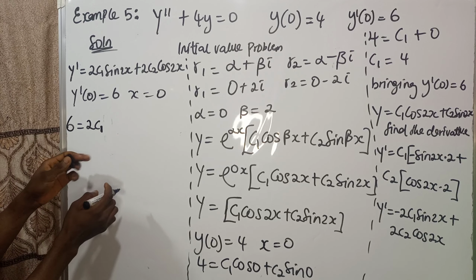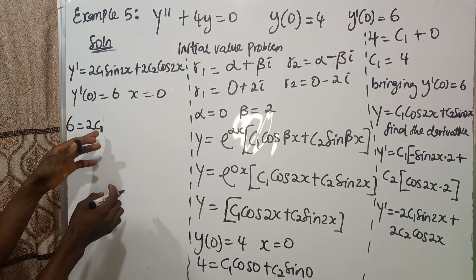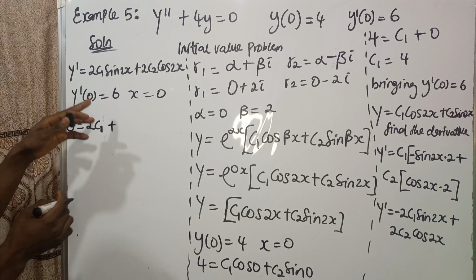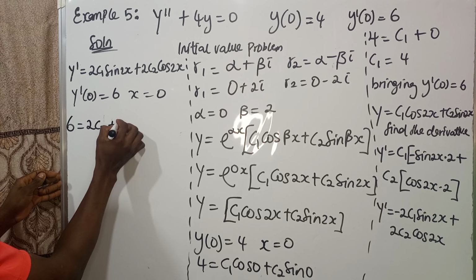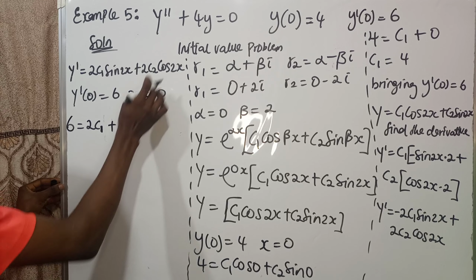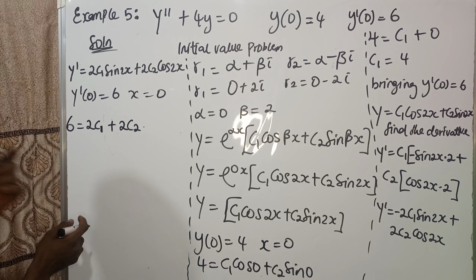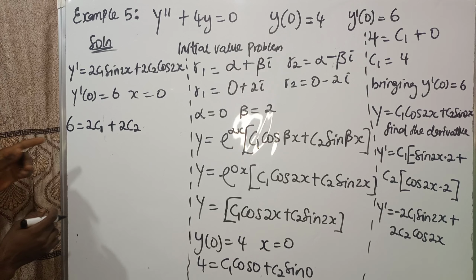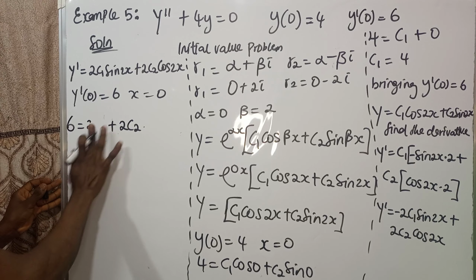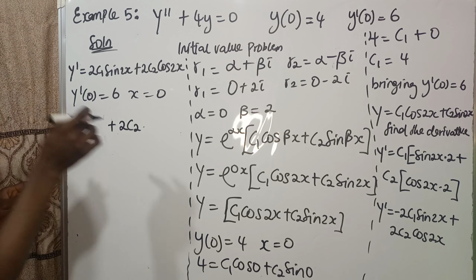Then plus 2c2, because cos 0 is 1. Automatically this first term is out, because 0 times this will give us 0.